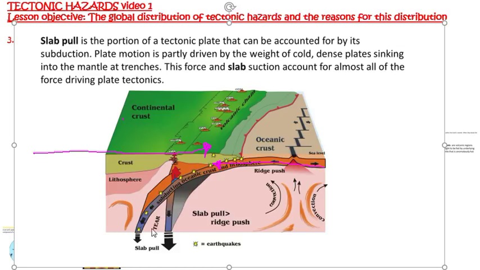All right. When I was at school, my teachers used to tell me wrongly that the force that started this movement off came from ridge push at a divergent boundary. So because of the convection, the plates and the crust spread apart, and that force causes this oceanic crust to be pushed from the ridge towards the subduction zone.